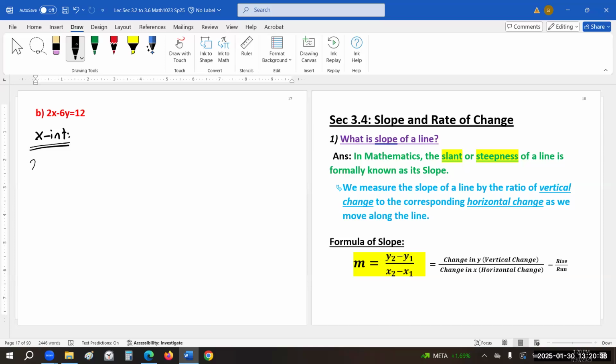So first you have to write down the equation, right? 2x minus 6y equals 12. And now you're solving for the x-intercept. So what do you have to do with the y? It is zero, because you need only x. So now what? 2x equals 12. And now to get the x alone, divide by 2. Perfect.